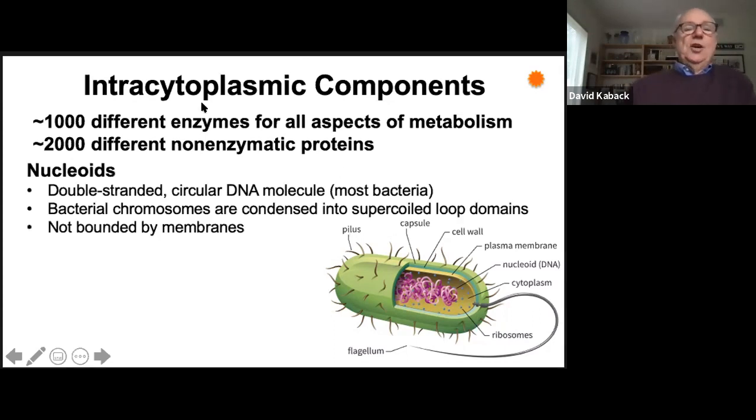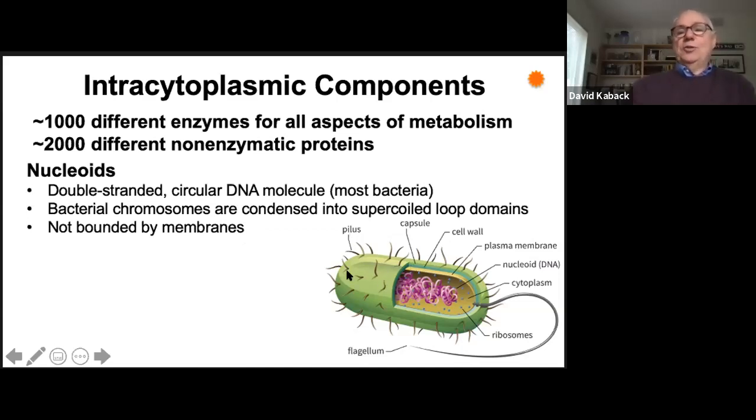In addition, we find nucleoids. This is the double-stranded, usually circular DNA molecule, shown here, all highly condensed. We call that a nucleoid. In bacteria, it is not encased in a nuclear membrane. There's no nucleus. It's free in the cytoplasm.